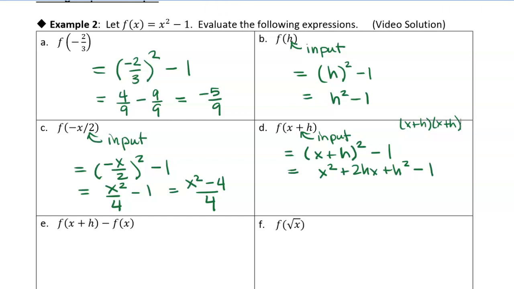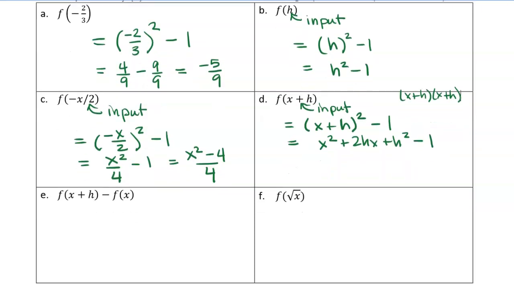All right, now I'm going to use that in the next part here because I'm asked to find f of x plus h minus f of x. Now we have f of x plus h, so I'm just going to copy that down. I get x squared plus 2hx plus h squared minus 1, and then I'm going to subtract f of x.